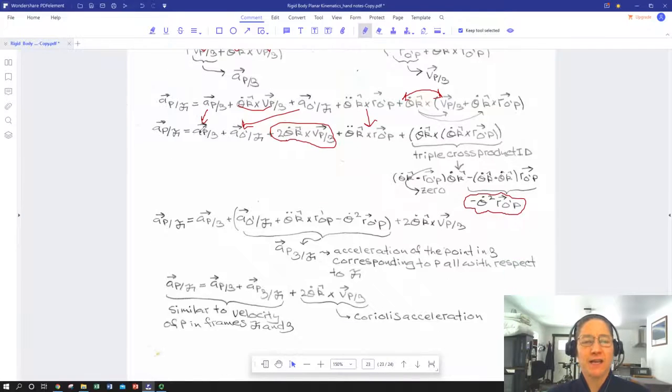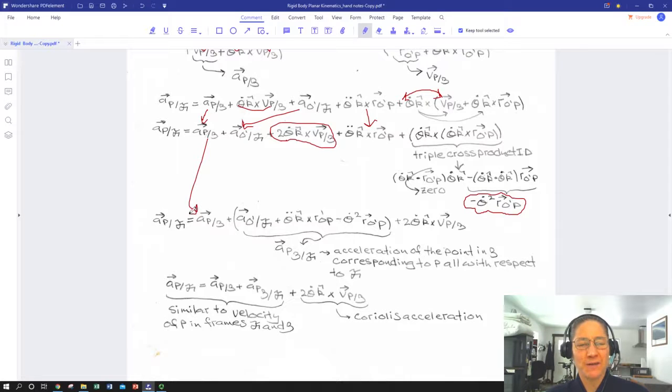So if we take a look at that, we're going to rewrite again. We're doing a lot of rewriting and simplifying.